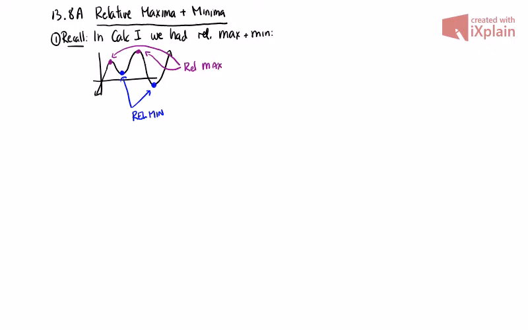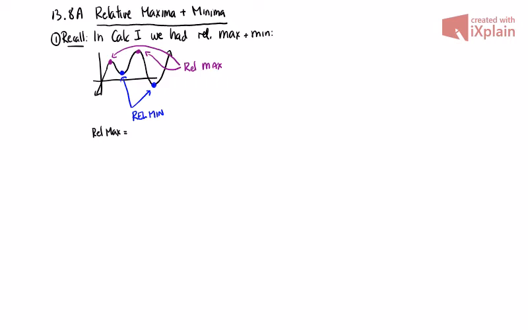So we can have an official definition here, which doesn't have to be exceptionally formal. We can say that a relative maximum is a point which is higher than nearby points, and a relative min is a point which is lower than nearby points, right? Informally, we have to be cautious.